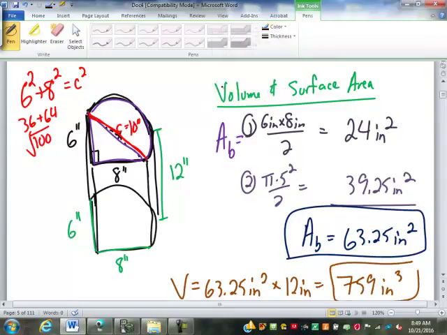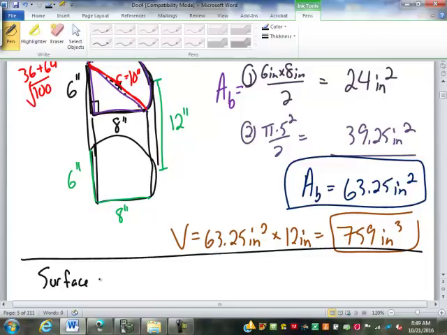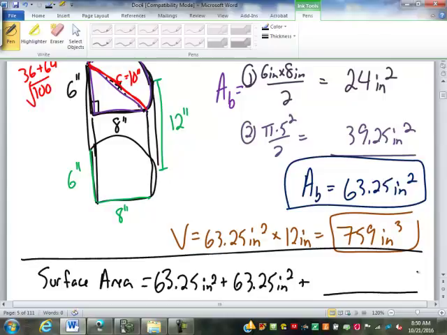So that's volume. Next, we're going to look at surface area. Surface area is the area of my base, 63.25, plus the area of the other base, 63.25, plus whatever I'm going to get for lateral area.